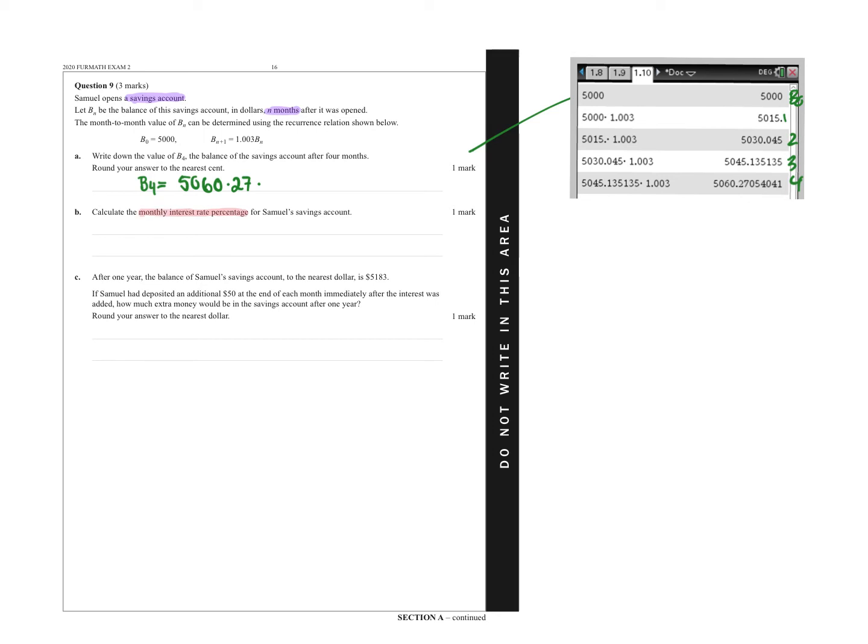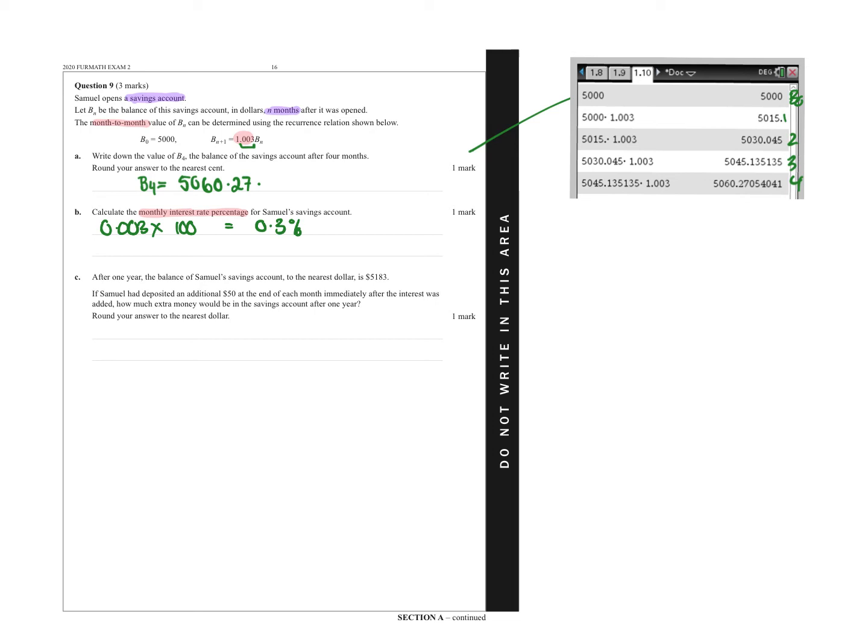Now, because this is a monthly formula, it wants the monthly interest rate, and this is a month-to-month formula. The way they found the rate is in there, okay? So all you have to do is times that extra part, 0.003, by 100, which would mean you end up with 0.3% as the month-to-month rate.